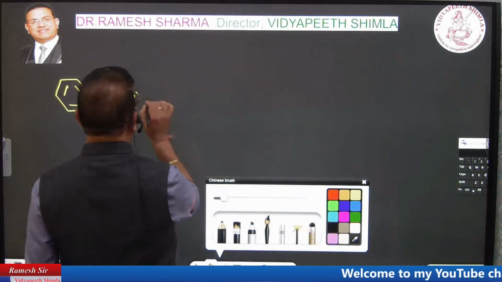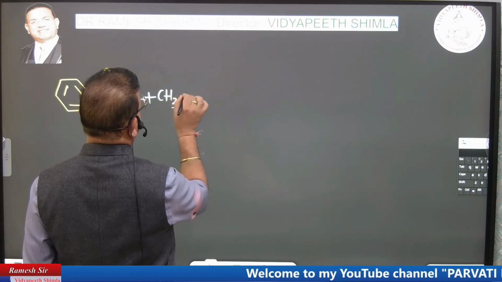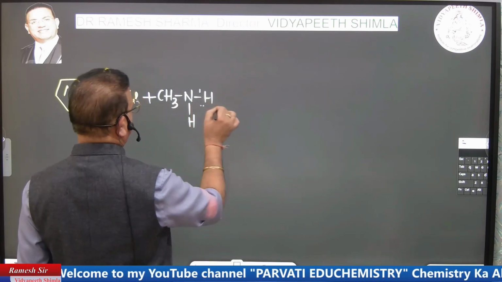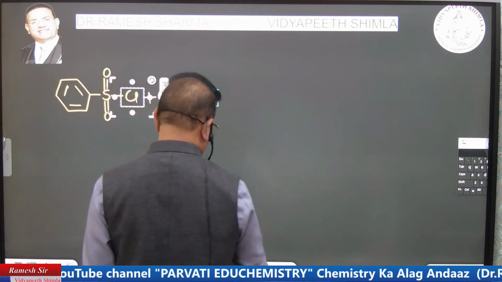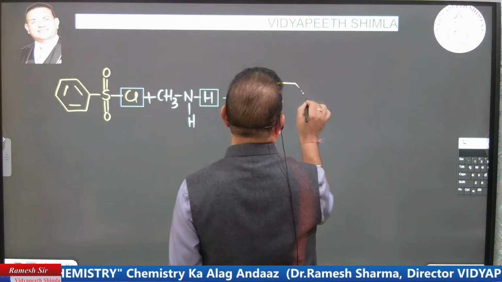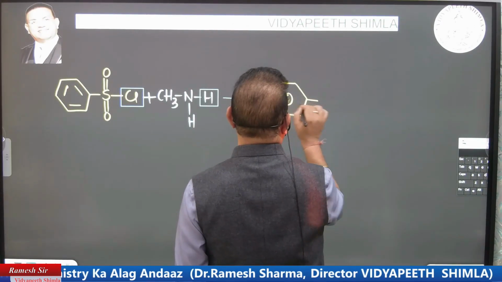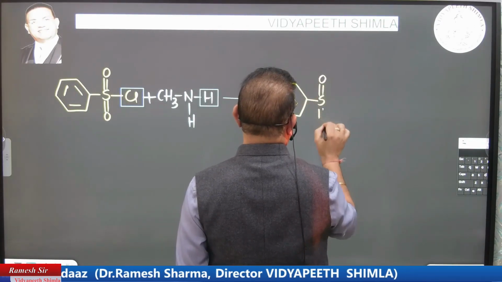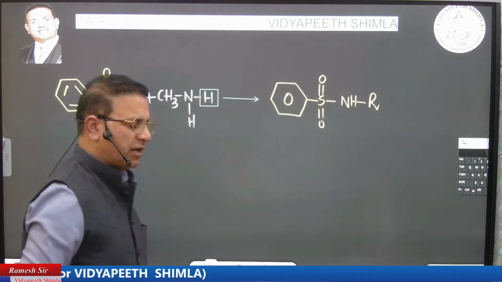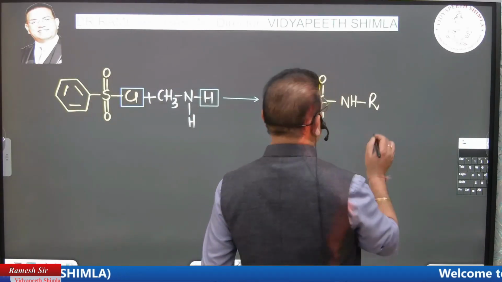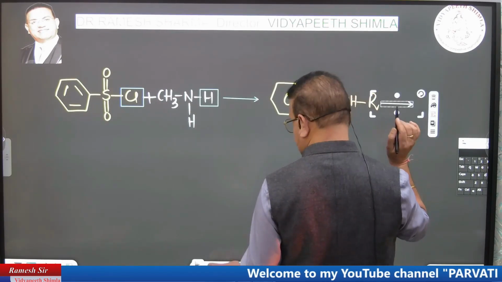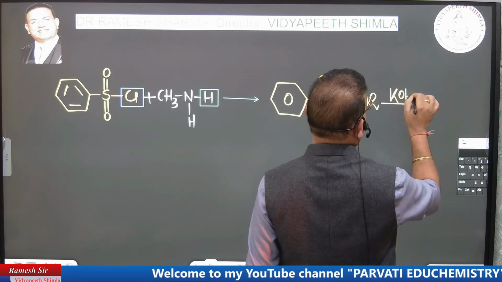This phenyl sulfonyl chloride, when treated with primary amine, the active hydrogen from here removes the Cl from here, and hence we get the product as N-alkyl sulfonamide, and this N-alkyl sulfonamide is soluble in base as it has active hydrogen.